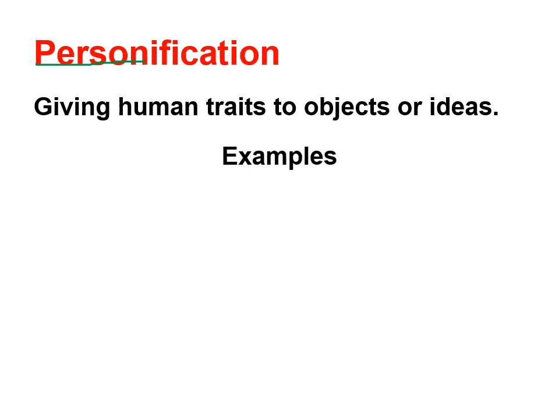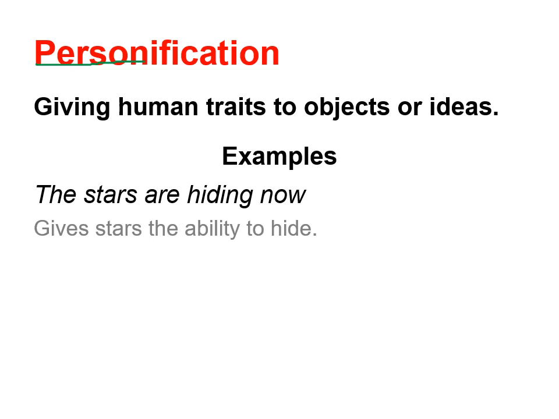Here are some examples. The stars are hiding now. So what is being given human traits? If you said the star is given the ability to hide. Stars can't hide, right? So you're personifying the stars by saying the stars hide.